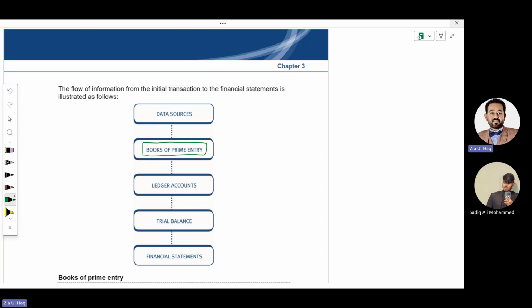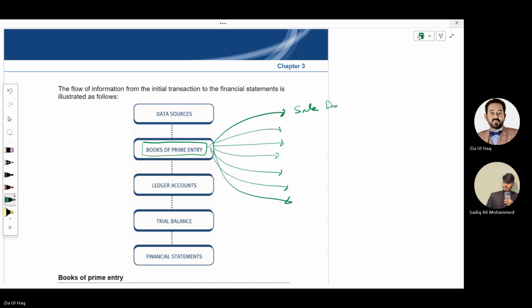First, the transaction will be recorded in books of prime entry. And there are seven books of prime entry. What are the seven books of prime entry?